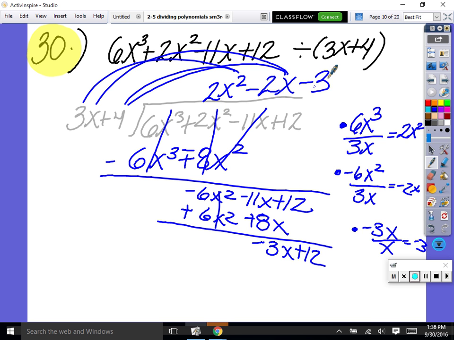That goes back up top. And then same thing. We'll have negative 3x minus 12. Then we, wait a minute. What equals negative 1? Where did I mess up? I'm going too fast.